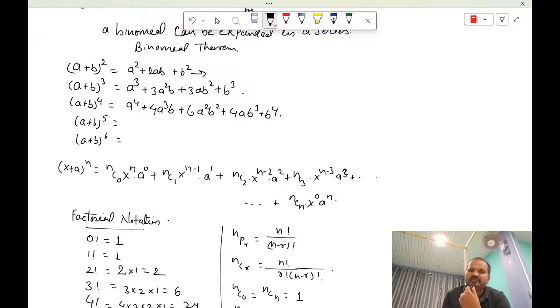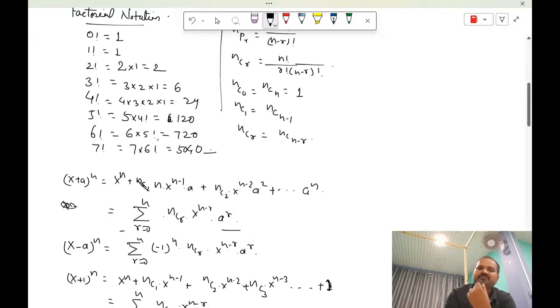If n is equal to 3, then the number of terms will be 4. If the exponent is 4, the number of terms in the expansion will be 5. Similarly, if the exponent is 5, the number of terms will be n plus 1, that is 6. In this one, the number of terms will be 7.